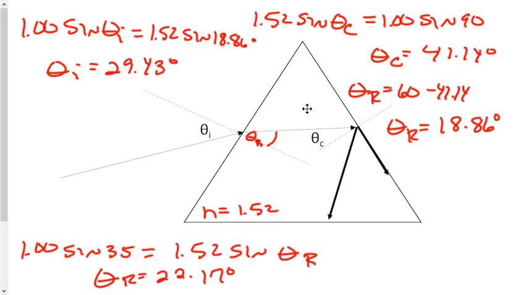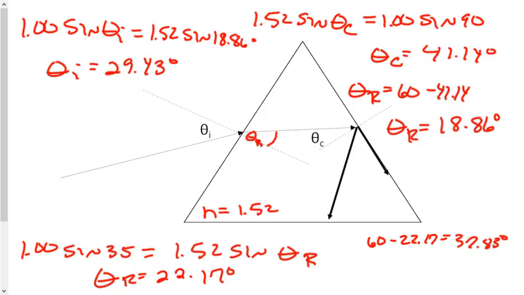So what angle are we incident upon here? Well, we can still use our trick: 60 minus 22.17, and that's going to be equal to 37.83 degrees. So that's smaller than theta c. We now know that this angle is less than theta c, so we can already suspect that we're going to be refracted coming out here. But we can actually do that calculation and prove it.